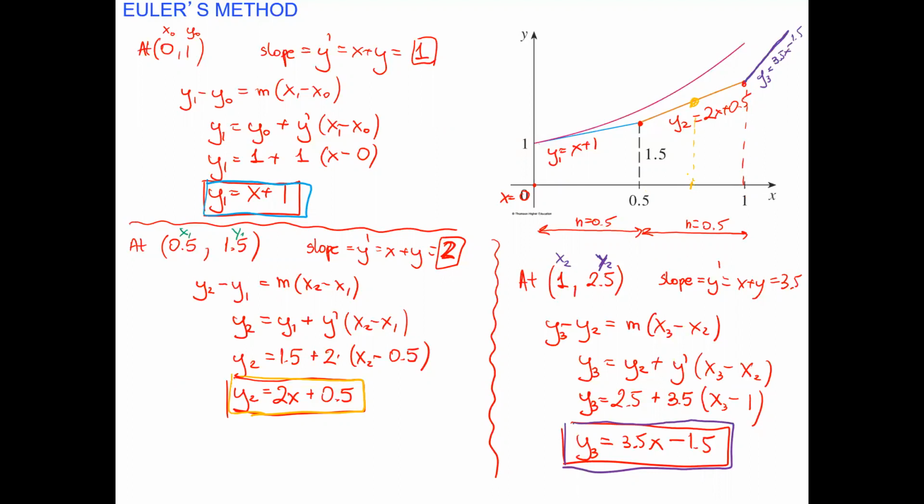I can just substitute 3/4. If I would like the approximation for 1/4, I will use the blue line. Or if I would like the approximation for 1.25, somewhere here, I will use the third one, because using the previous one will not be as accurate as this one.